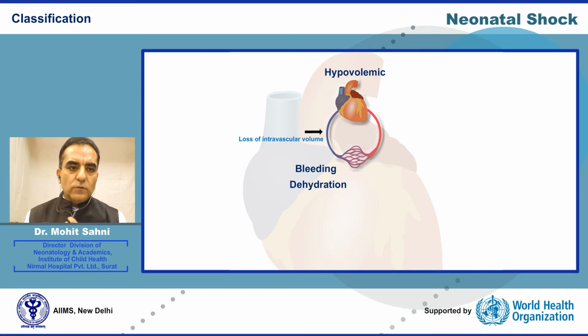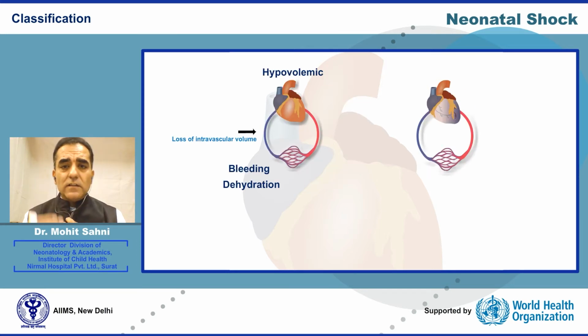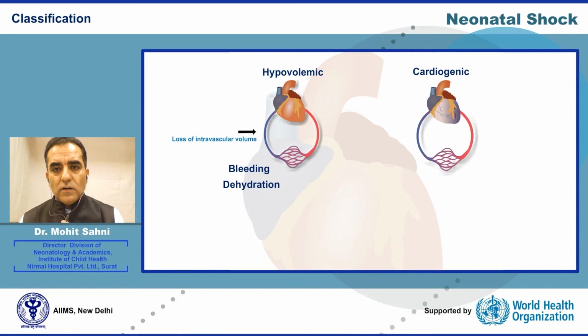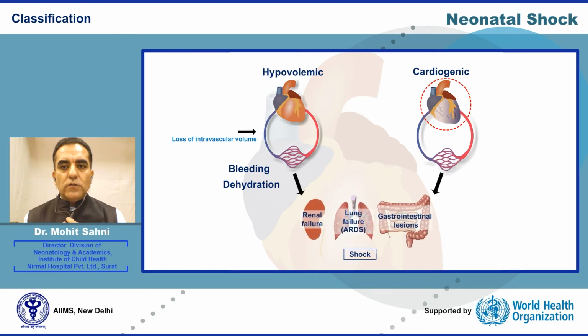So you will have less volume, and even though your heart is pumping properly, there will be a failure to pump an adequate amount of blood volume to the tissues because of less intravascular volume. If there is a pump failure, as in cardiogenic shock, even though your intravascular volume is adequate, the heart is not pumping properly, so your tissues or cells will receive less blood because of the decreased output from the heart.